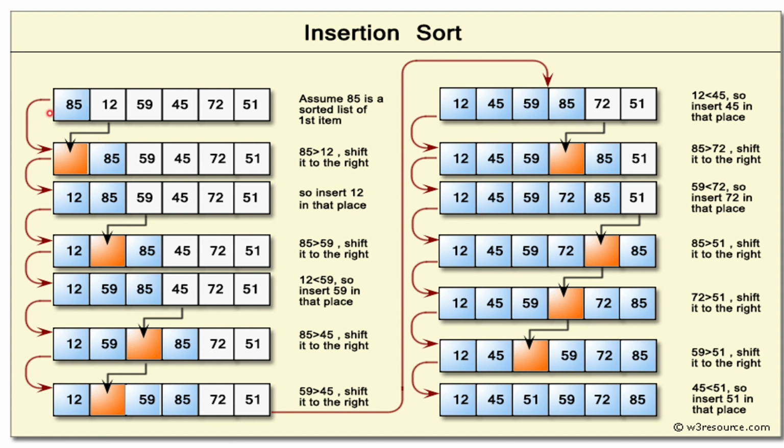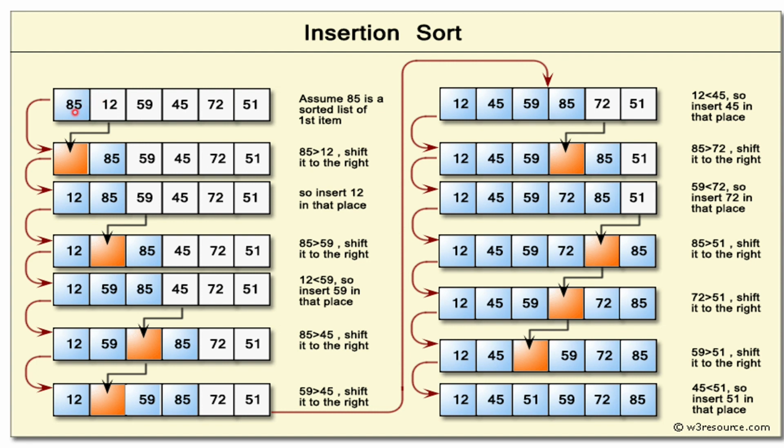Here I take an array 85, 12, 59, 45, 72 and 51. Here the second element is 12, so I have to compare the second element with the first element. When we compare the 12 with 85, we know that 85 is larger than 12.